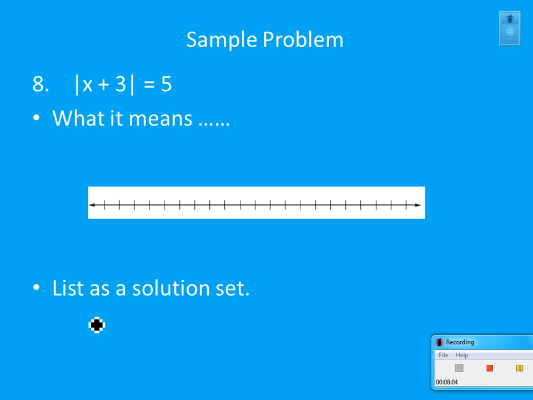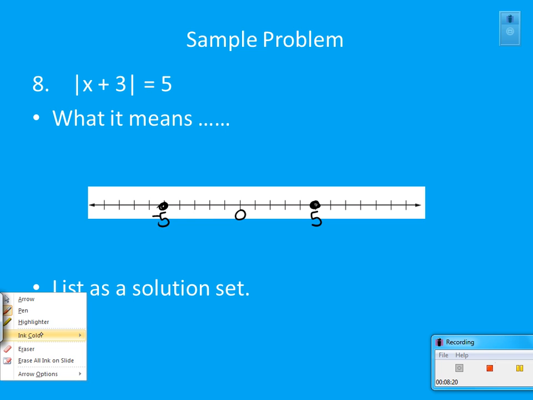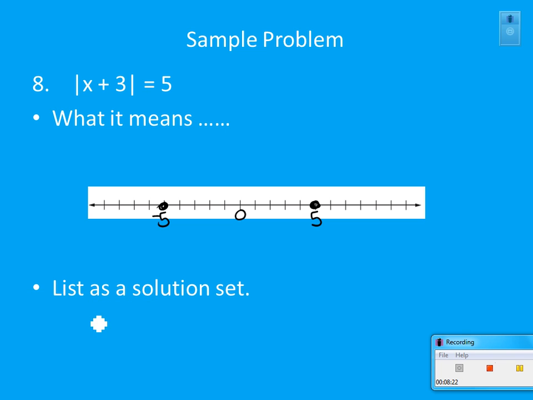Some number plus 3 is going to put you 5 units away from 0. Well, you're going to start at 0. When you're done, 1, 2, 3, 4, 5, I want you sitting right there. And I want you sitting right there when we're all done. Well, here's got to be your thinking. Some number plus 3 is going to put me right there at 5.